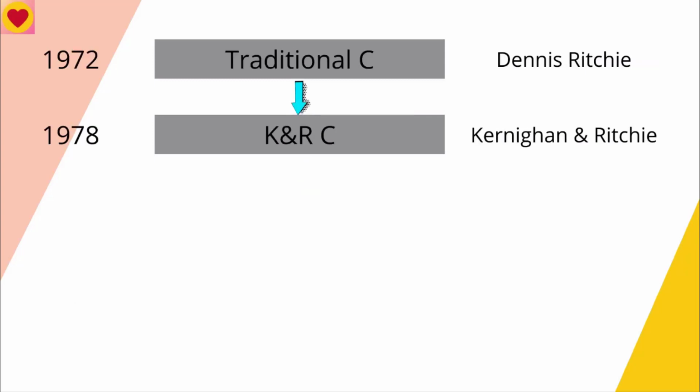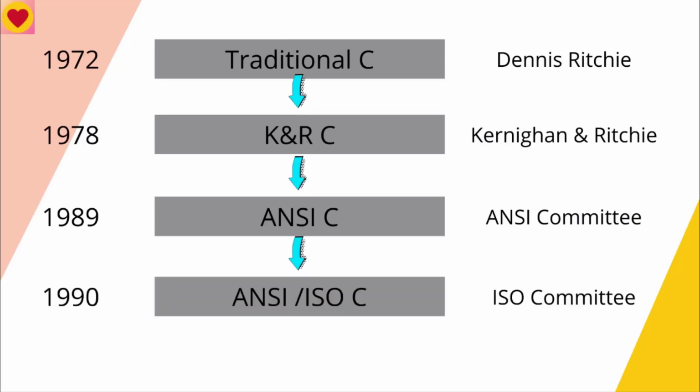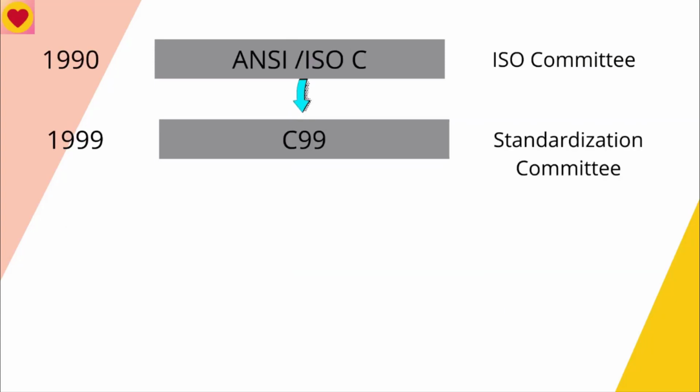The book, known as K&R C, was published in 1978 by Kernighan and Ritchie. Then in 1989, ANSI C by the ANSI committee. Then in 1990, ANSI C was approved by the ISO committee. In 1999, the C99 version was developed by the Standardization Committee.